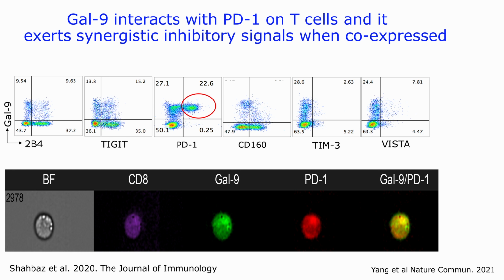We published a paper in 2020, and a year later, another group did further investigation and found that galectin-9 interacts with PD-1. So that means that one CRD interacts with TIM3, another CRD with PD-1. This shows how interesting galectins are.